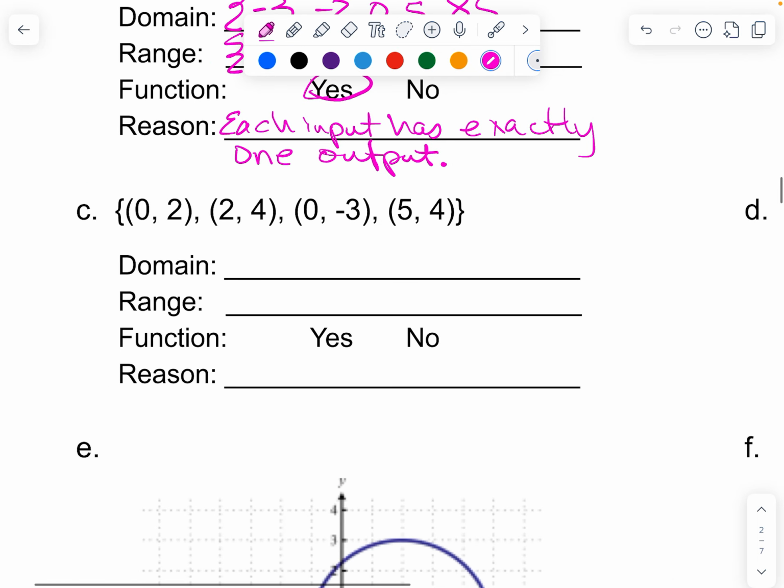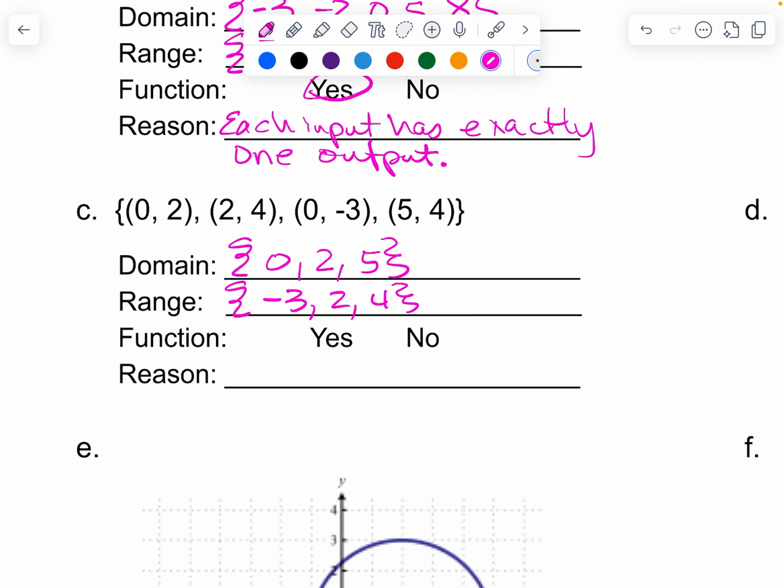Okay, next, the domain, 0, 2, and 5. Range, -3, 2, and 4. Is it a function? No, because 0 has 2 outputs.